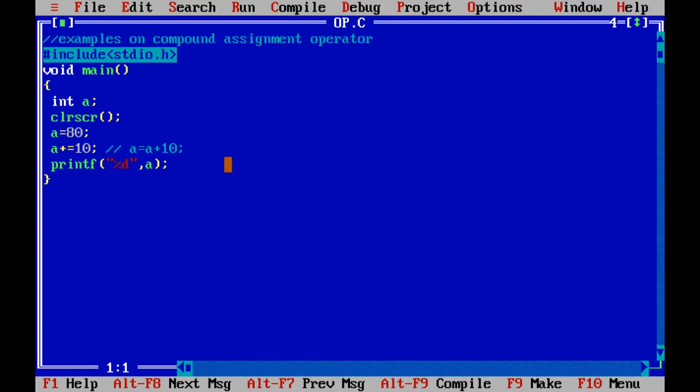It means I initialized the variable a with 80, and the statement a plus equals 10 is internally converted as a equals a plus 10. So the value of a after the compound assignment is 90.